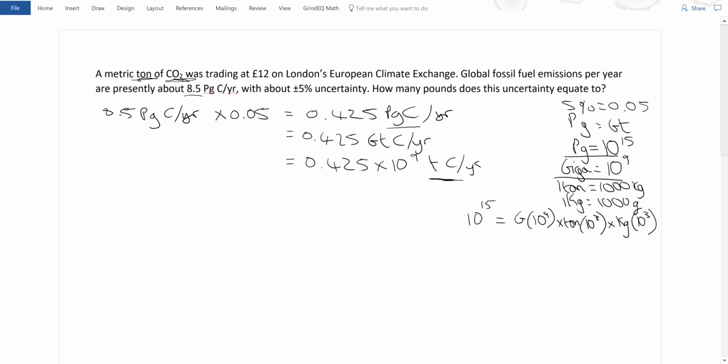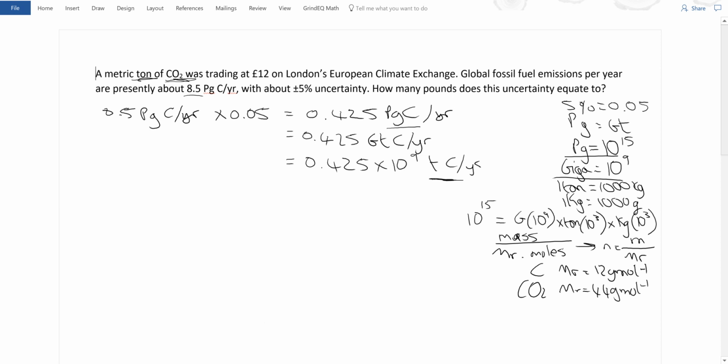And in order to do that, I need to know the formula: moles equals mass divided by Mr, often written as n equals m divided by Mr. And I also need to know the molar mass of carbon is 12 grams per mole, and the molecular mass of carbon dioxide is 44 grams per mole.